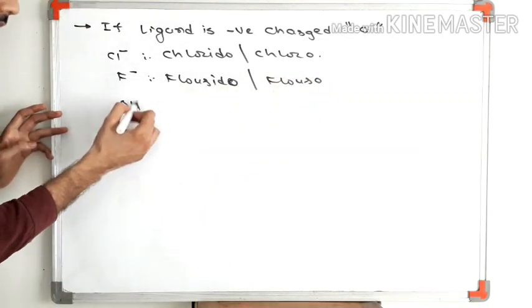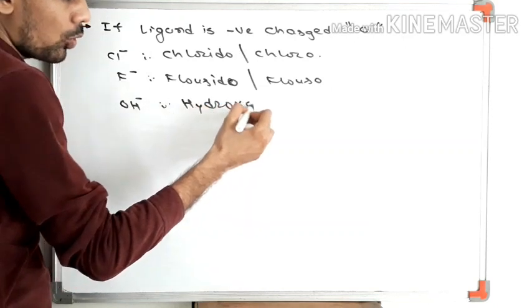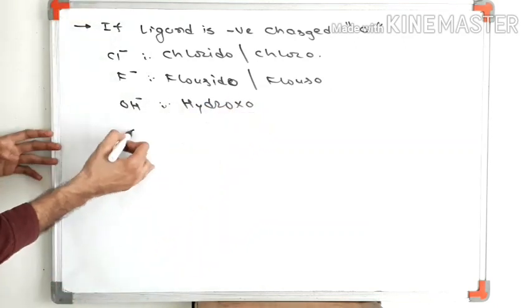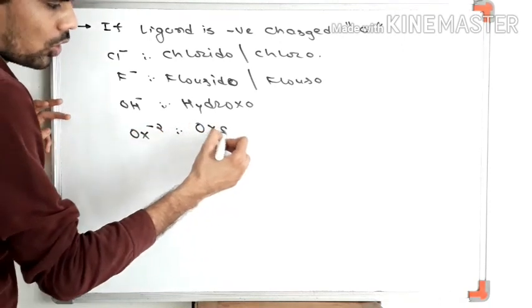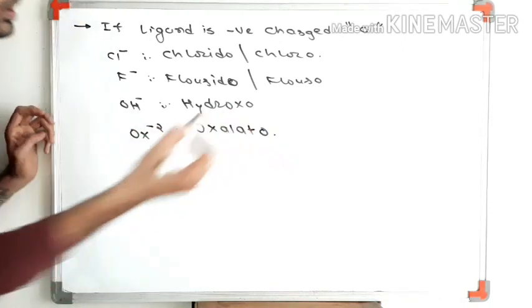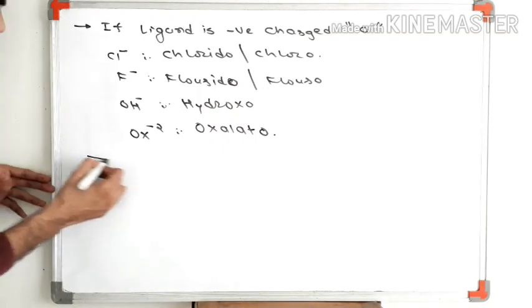Like OH minus means hydroxide, you have to write hydroxo. Like ox minus 2 means oxalate, you have to write oxalato. You have to apply suffix o after the name of negatively charged ligand. Okay. Next.